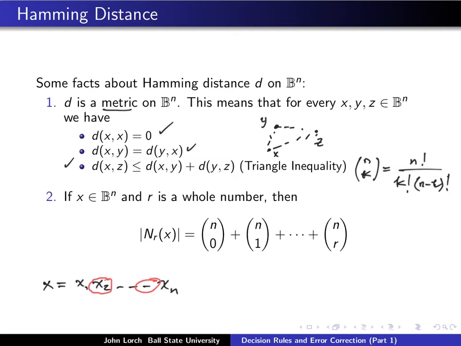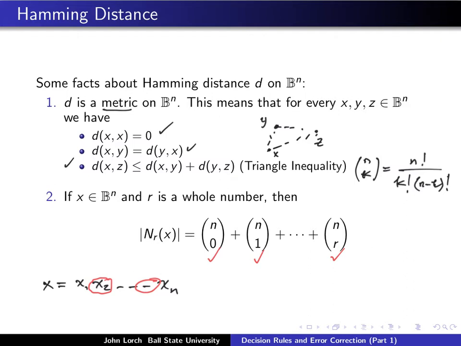And so the number of strings of any fixed distance from x is given by n choose that fixed distance. So we just add up all those fixed numbers of ways to choose the slots, and that should give us the size of the neighborhood.